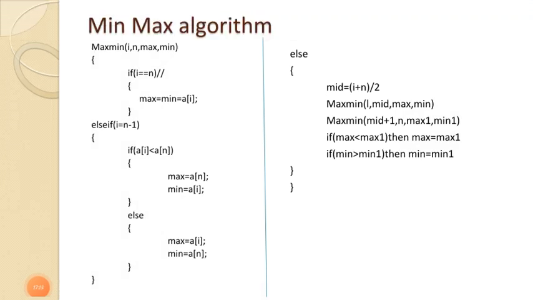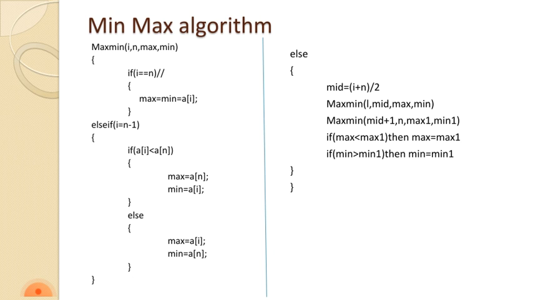So this is a min max algorithm. What we discussed in the example is the same in our pseudocode. For example, we have the algorithm MaxMin, passing i, j, max and min, all the variables as arguments. If the number of elements is only one, then the same number will be considered as max as well as min.